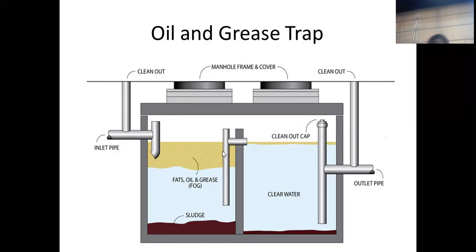So only water will flow to the next chamber, and maybe there is a possibility that when the water is coming into this chamber, it has a little temperature, and because of the temperature, sometimes grease or oil is mixed into the water, dissolved into water, and such oil and grease may flow into the next chamber.